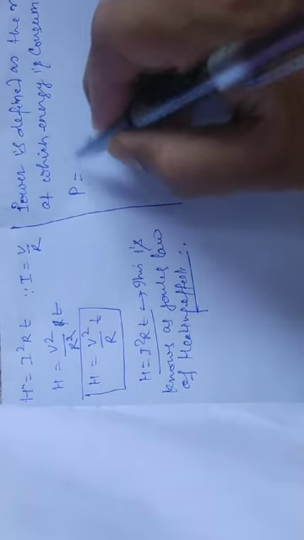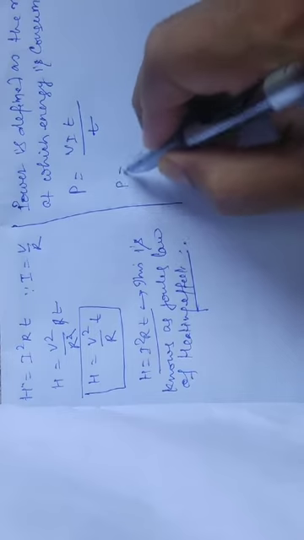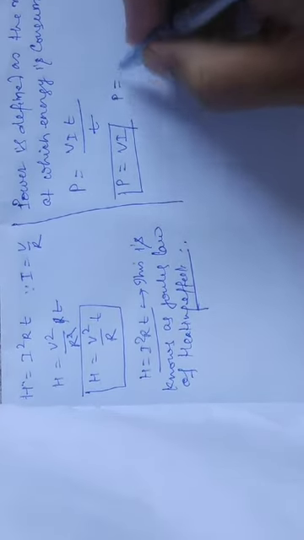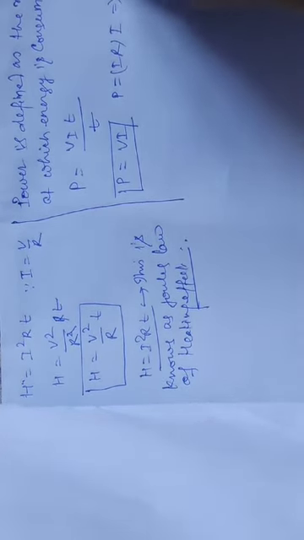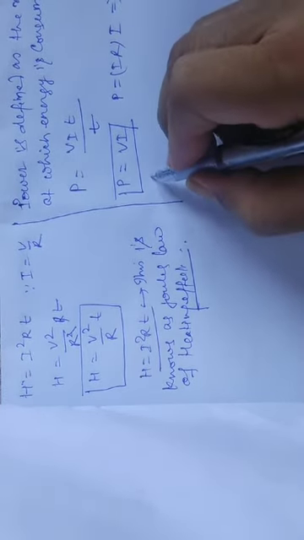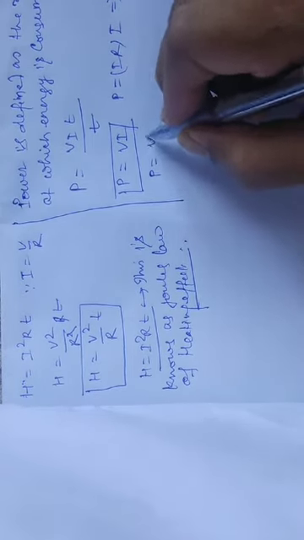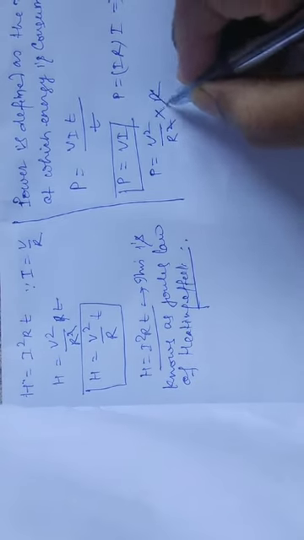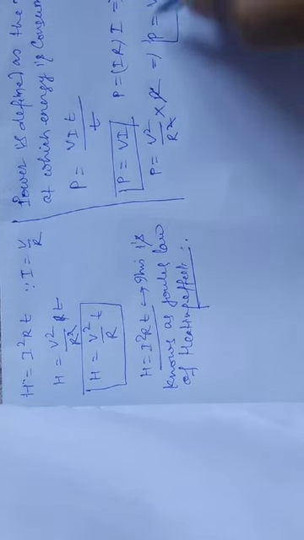So power, we may write it VIT by T, so it becomes V into I, or P is equal to IR into I, so it becomes P is equal to I square R. Now P is equal to V square by R square into R. So it may also be written as V square by R.